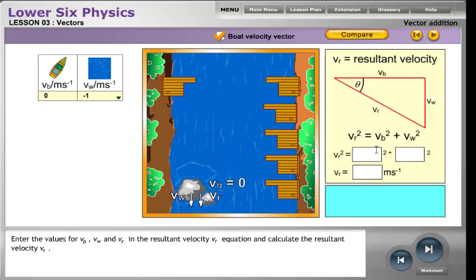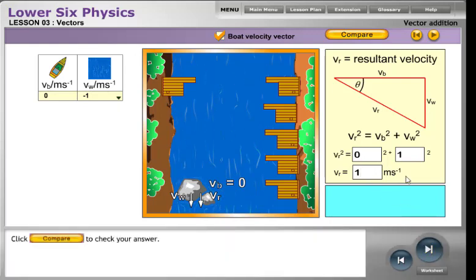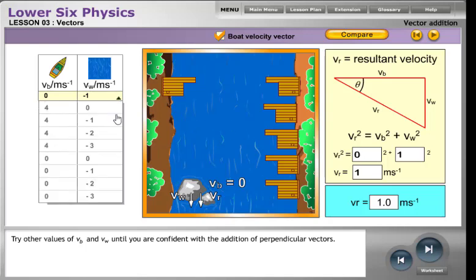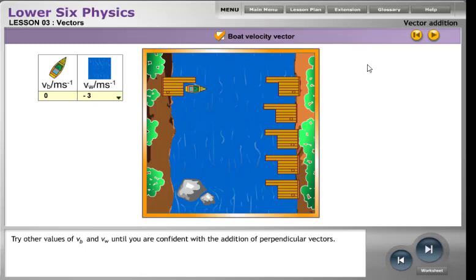Enter the values for Vb, Vw and Vr in the resultant velocity Vr equation and calculate the resultant velocity Vr. Click Compare to check your answer. Try other values of Vb and Vw until you are confident with the addition of perpendicular vectors.